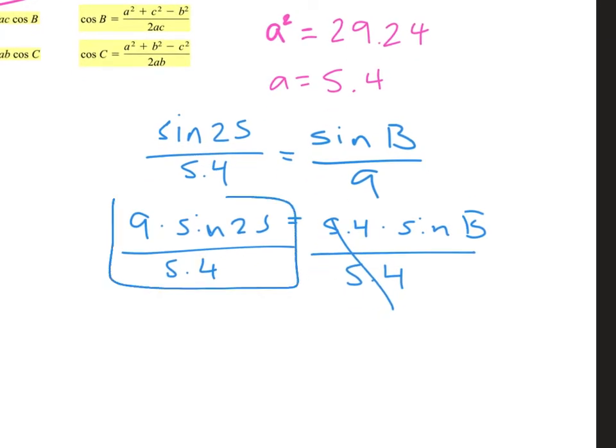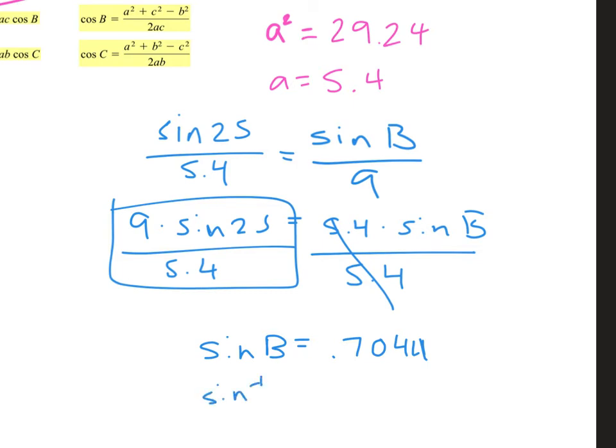So we just need to put this into our calculator. I got sine of B is equal to 0.7043. We could say 4, because it rounds up. Is this our angle? How do we find the angle? The inverse.